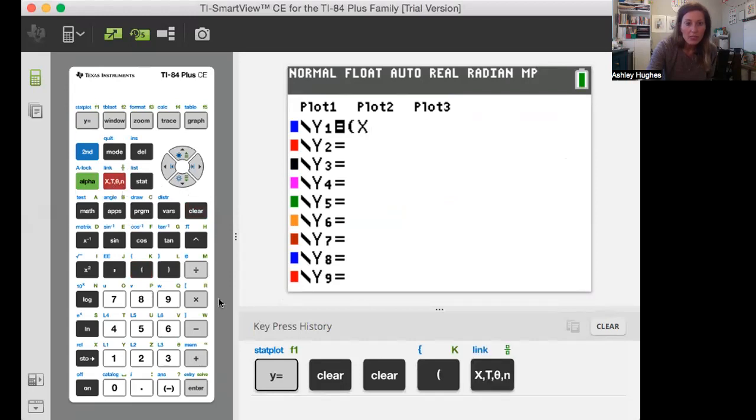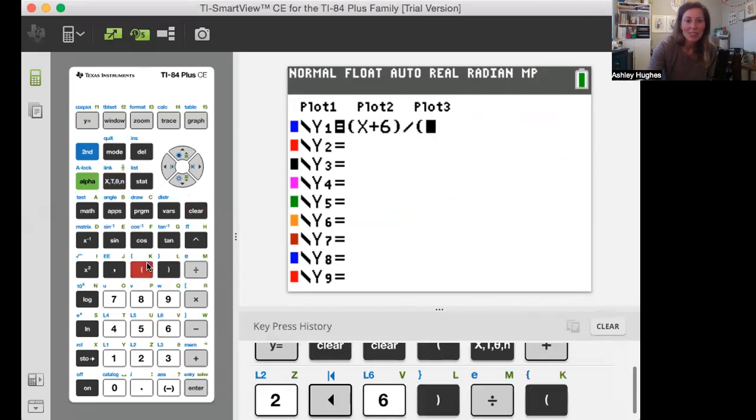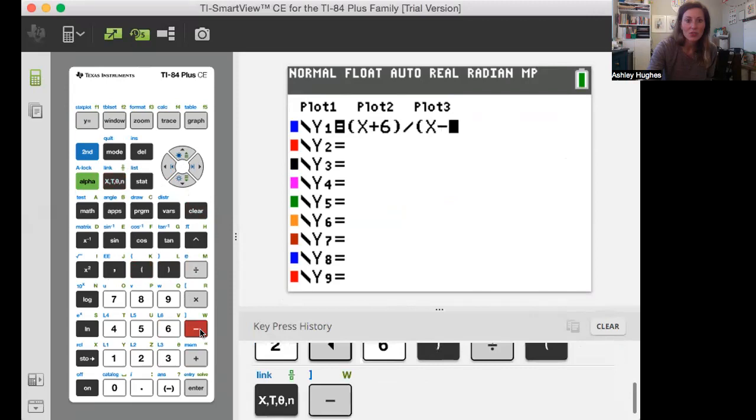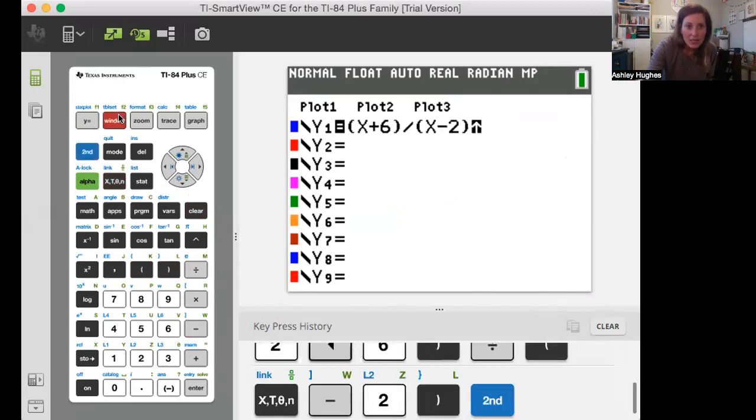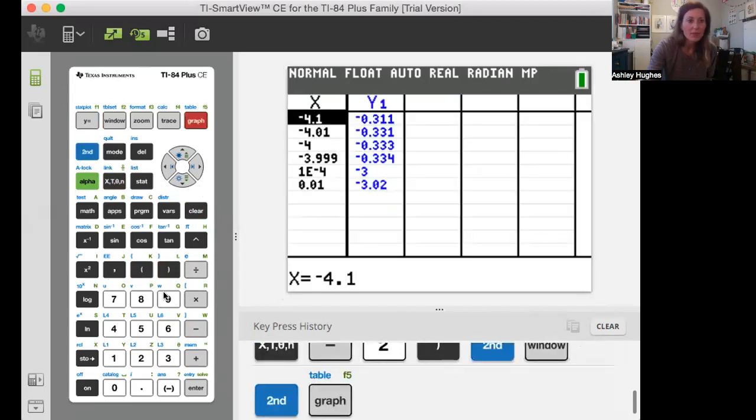So x plus 6 over x minus 2. X plus 6 divided by x minus 2. Make sure your second table set in the window. It's on ask already. So I go to the table and I'm going to type in these things.